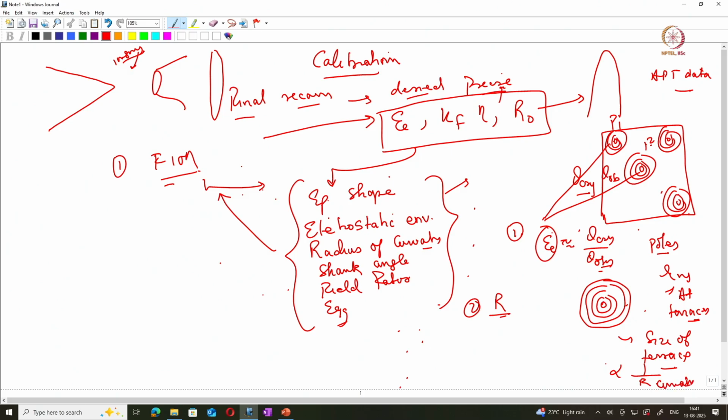In one of the previous classes we derived this equation: r0 (1 minus cos theta n) equals n dhkl. If you identify that particular pole hkl, you can calculate r0 with this equation. So this is the radius of curvature.